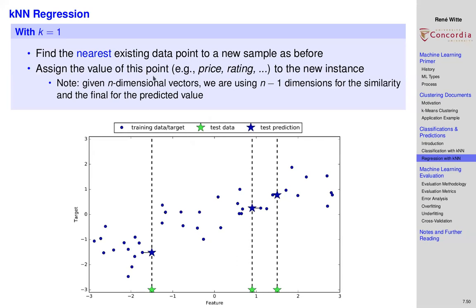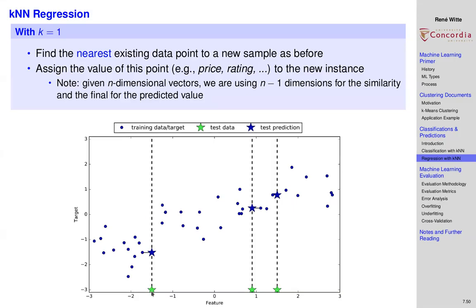So let's again look at the special case where k equals 1. In this case, we have two-dimensional data, the points here, and we want to predict, based on one x input value, the y output value. So the blue dots are the ones where we already have data points. So these are the points in our training data.